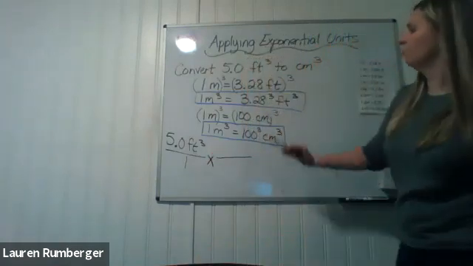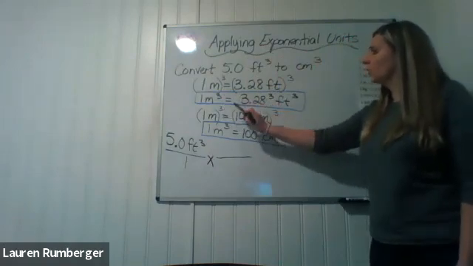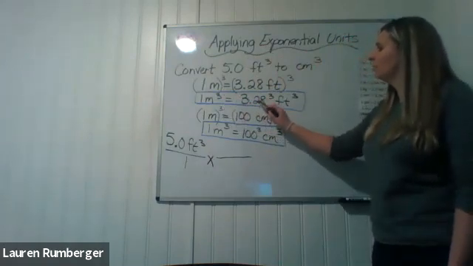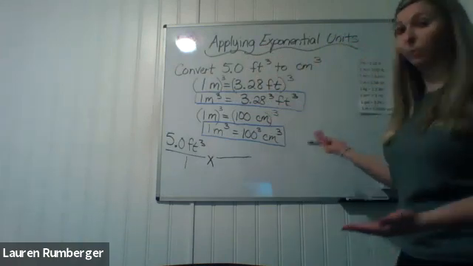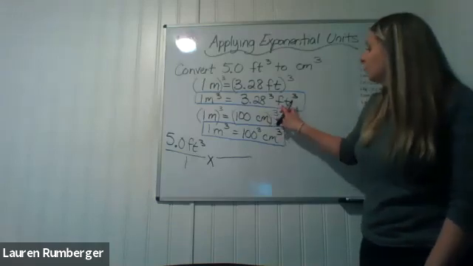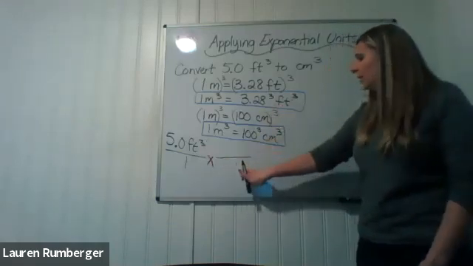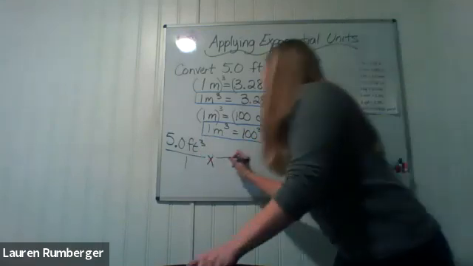So we're going to begin with using our equivalence that 1 meter cubed is equal to 3.28 cubed feet cubed, or cubic feet, same thing. That means we need to put feet cubed on the bottom because we're changing the cubic feet.